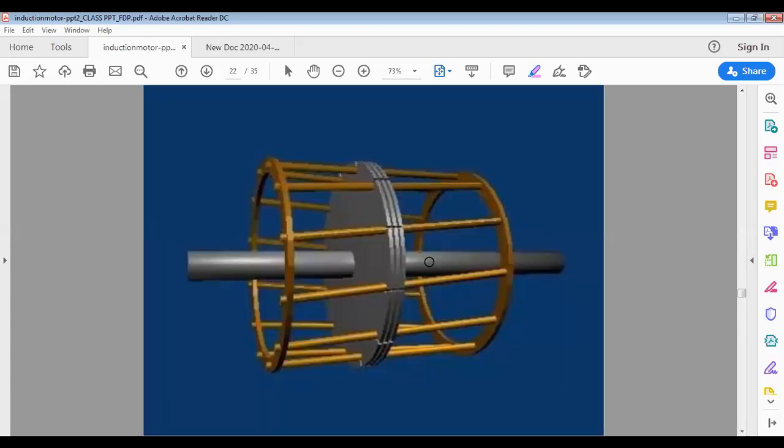Centrally it's a shaft. Okay, what is this gray color circular thin disc? Who can tell?